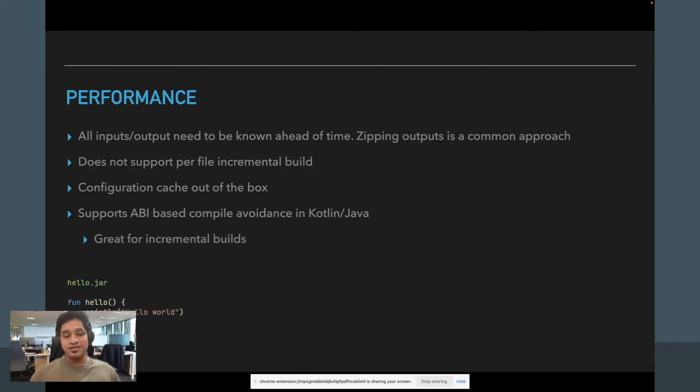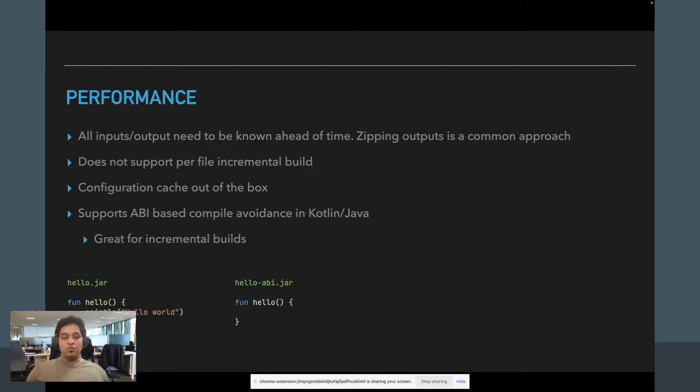What this means is that, let's say I have a function called hello, and I have a println that says print hello world. Now, what ABI-based compile avoidance means is that the Bazel and rules_kotlin combination produces a separate artifact called the ABI jar, which is the binary interface, and it does not have the private method bodies at all.